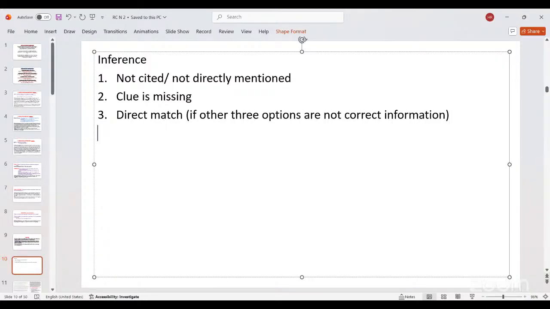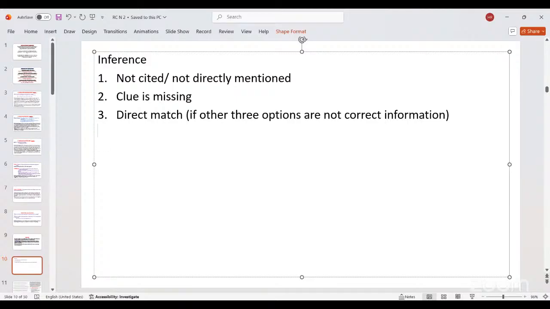Now, moving to how to deal with it. In an inference question, the problem is that you need to read the whole passage, number one. Number two, you need to spot the correct location, which may take time. And number three, you have to get the meaning, and on the basis of the meaning, go to the options. That is the third problem.